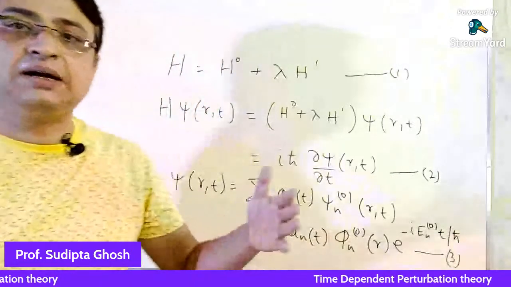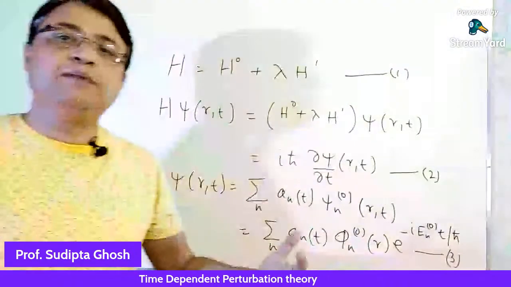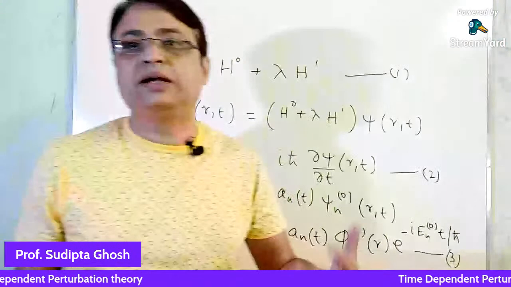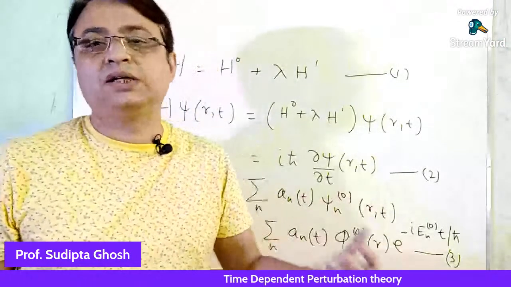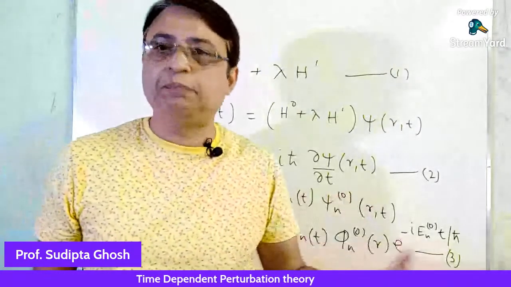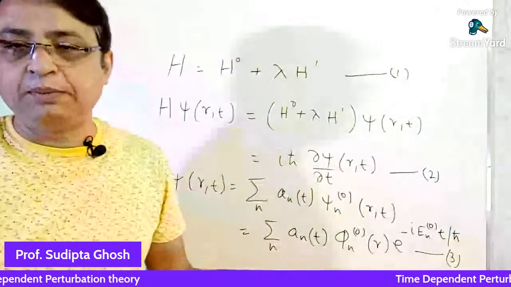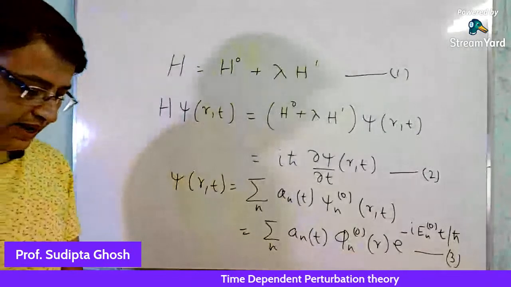So this is a method of writing a time dependent and position dependent function as a product of two different functions. One is the position dependent function phi n0(r), and the other is the time dependent part, e to the power minus i E n0 t by h cut.